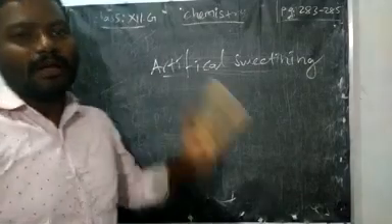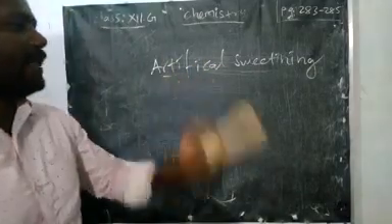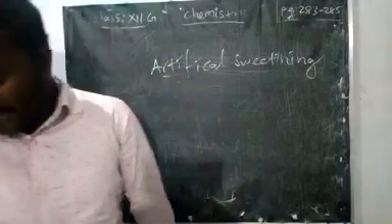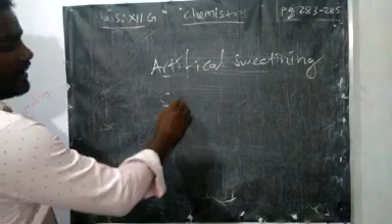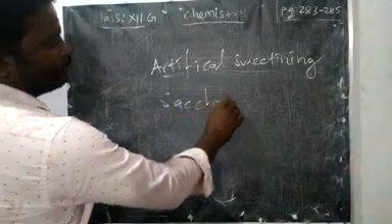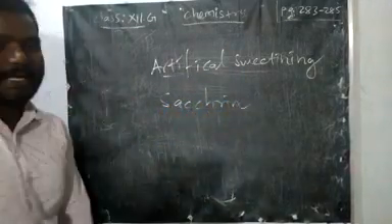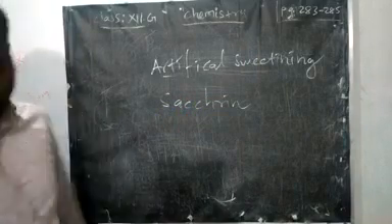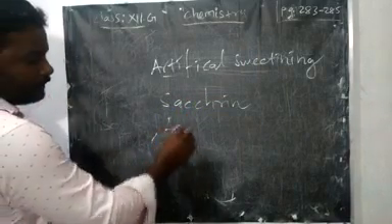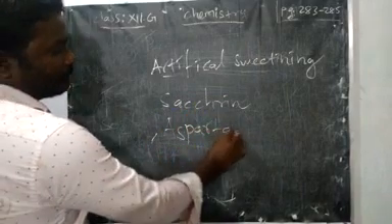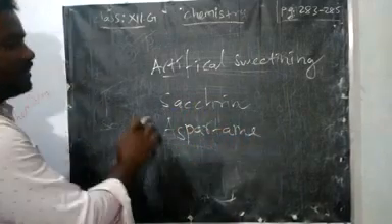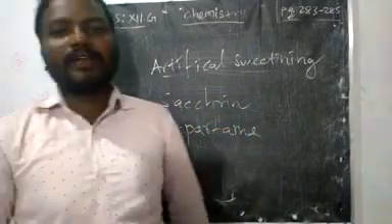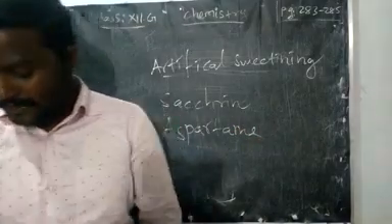That kind of sugar substituents are called artificial sweetening agents. Examples for that: saccharin, saccharin powder you may have heard, used in ice creams, and aspartame. These are the examples for artificial sweetening agents.